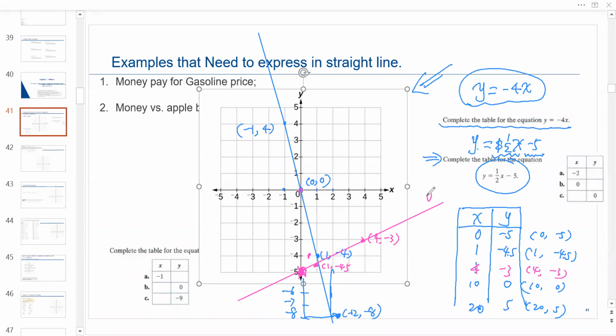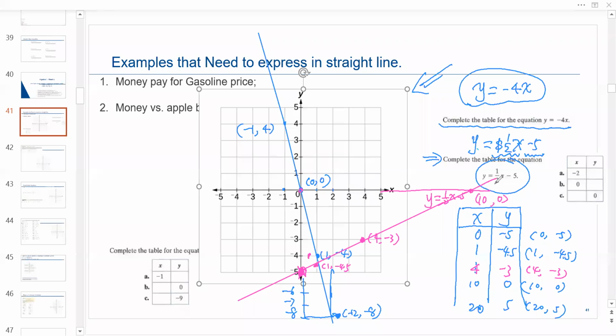So you can say this one is half x minus 5. When x is 0, y is -5, 0, -5, right? If x is 4, here it becomes 2, and 2 minus 5 gives -3, which is this dot, right? You can imagine what this dot is, when y gets 0, it's 10, right?